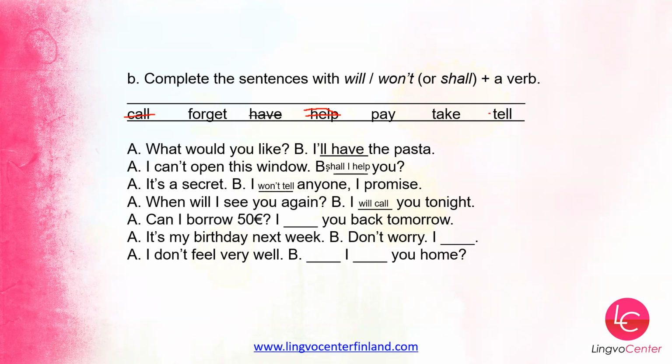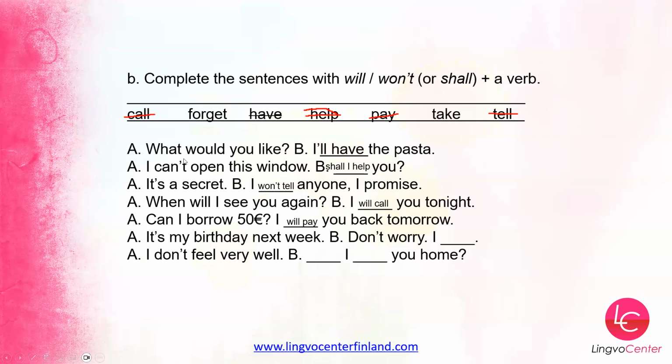And this. But you had time to think now. So what does Alex say? He says, can I borrow 50 euros? And then I will pay you back tomorrow. Very good. So that's what Alex says. It's pay.